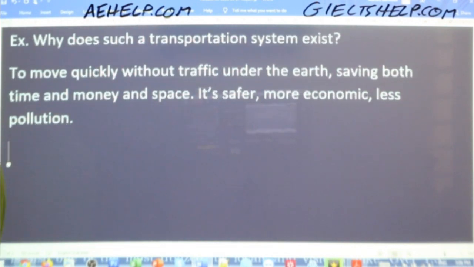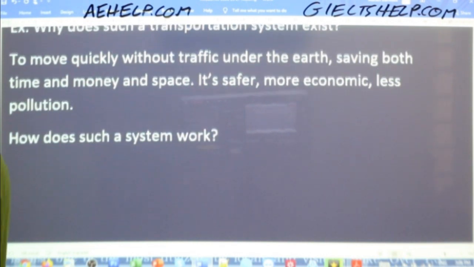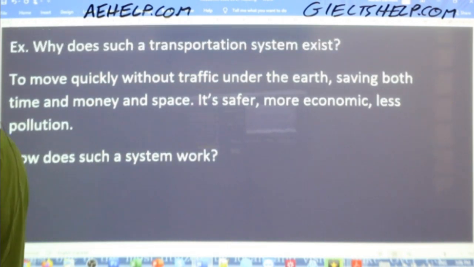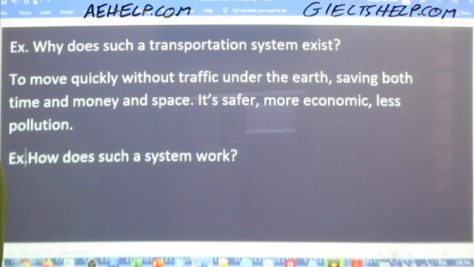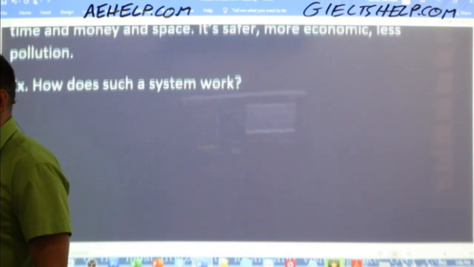So how does it work? How does such a system work? That's my next question here. Asking the right questions is very important to learn to do well.